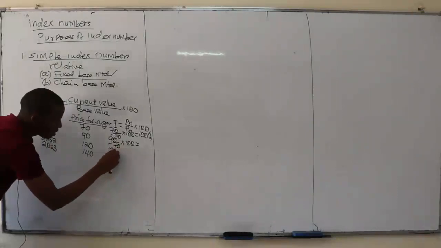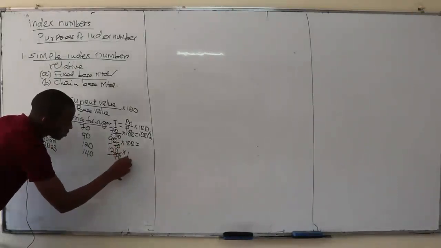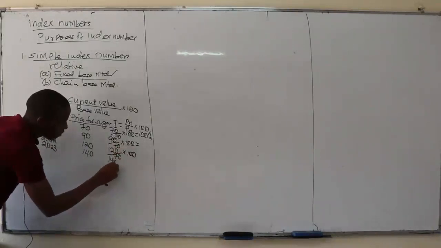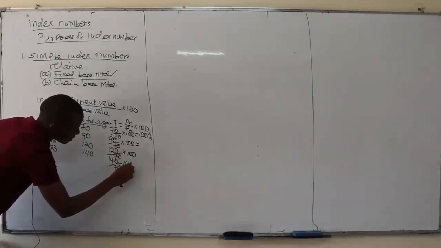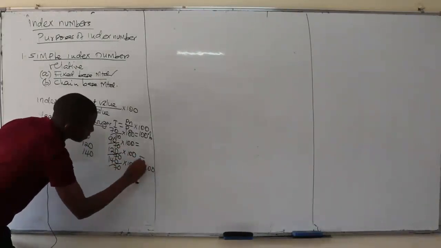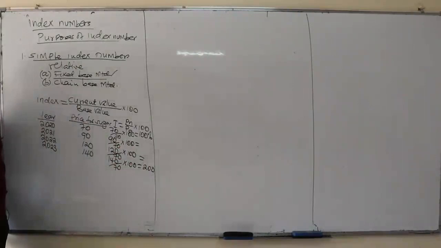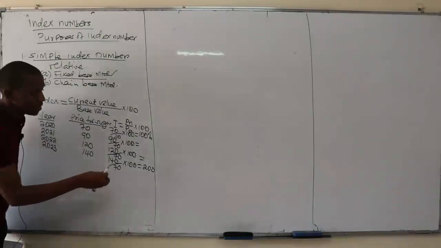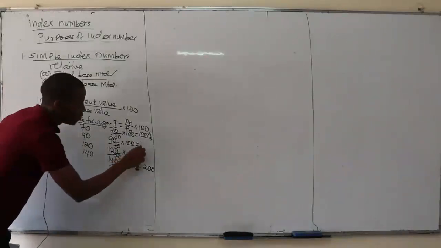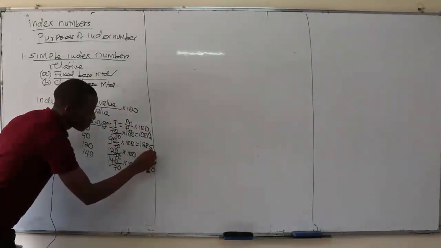And also this one is 120 over 70, you multiply by 100. And then 140 over 70, you multiply by 100. This one is 200. How much are you getting in the year 2021? 128.57.